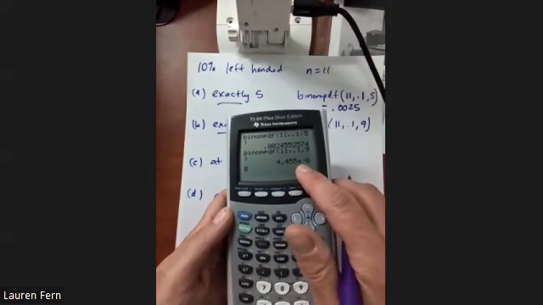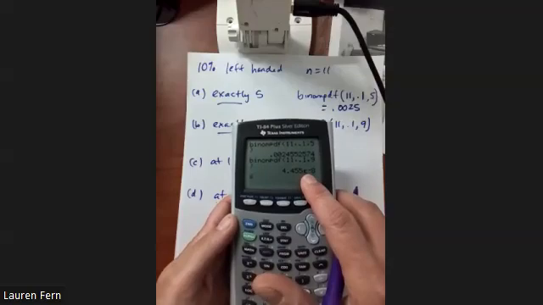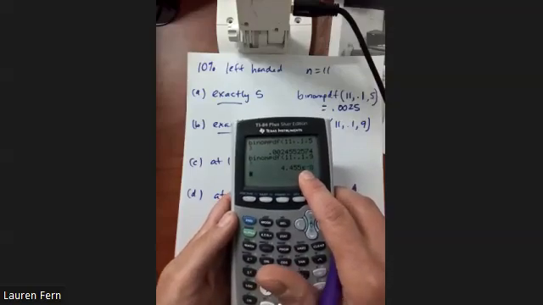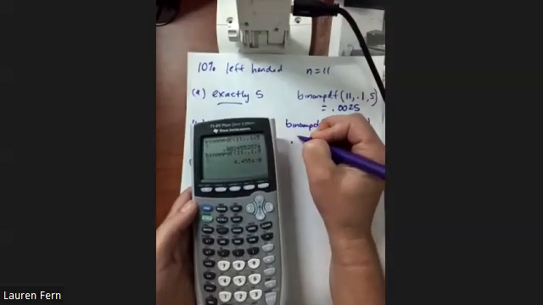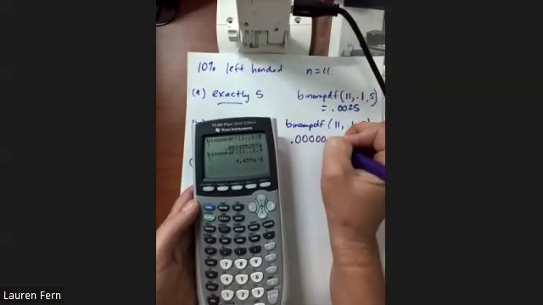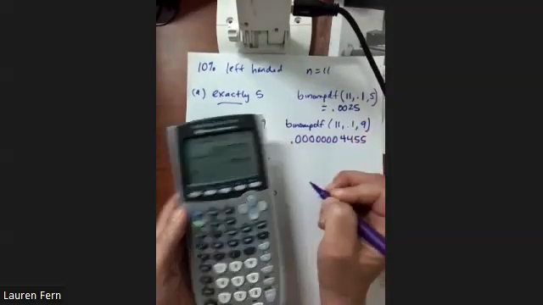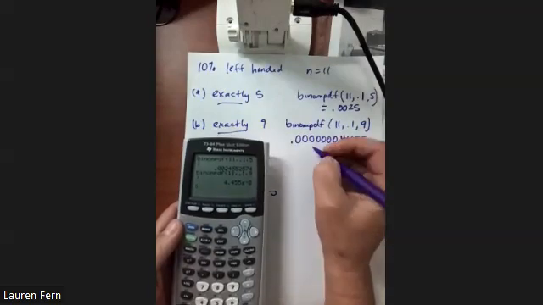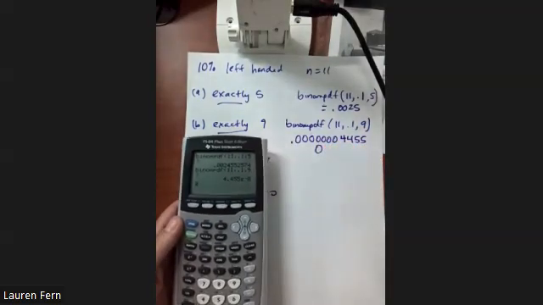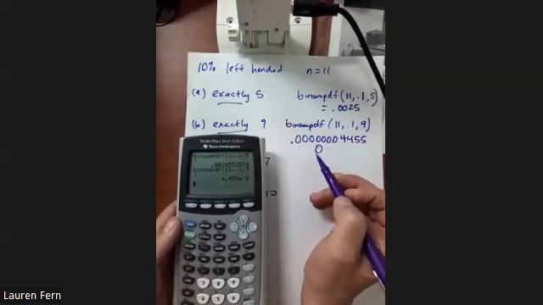The computer program is probably going to want me to put this in decimal form, so I need to move my decimal point 8 places to the left. That's 7 zeros, and then 4, 4, 5, 5. If they just want you to round to 4 decimal places, you could just put a 0 here, because rounded to 4 decimal places, you would get 0.